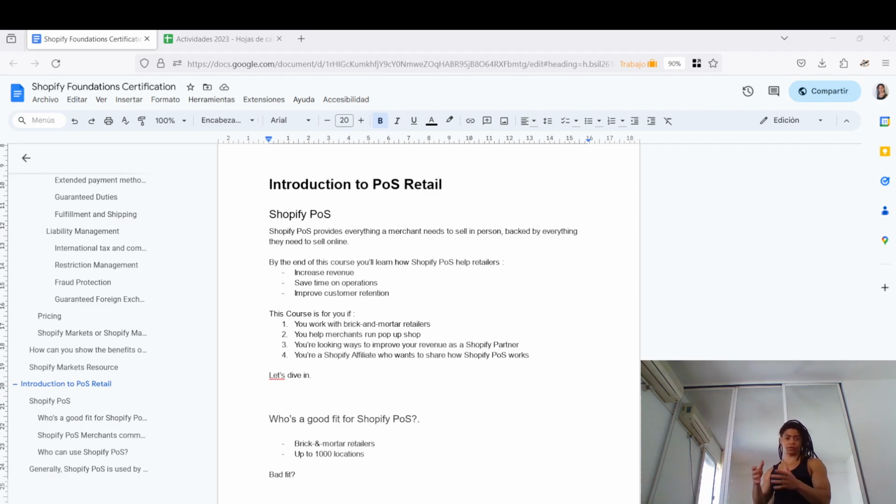So what I'm going to learn from this introduction is how I can help merchants increase sales, save time on operations with the POS, as well as improve customer retention. These are the three aspects that I'm going to learn, and then apply, because it's not only about learning, it's also about applying that.